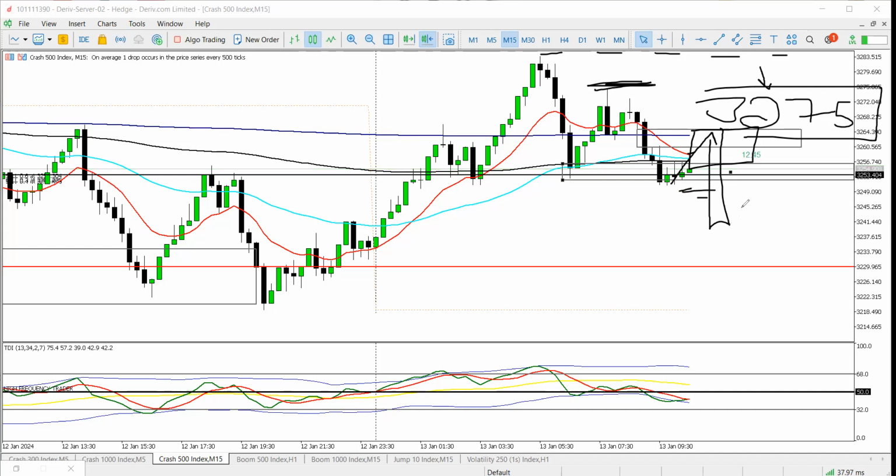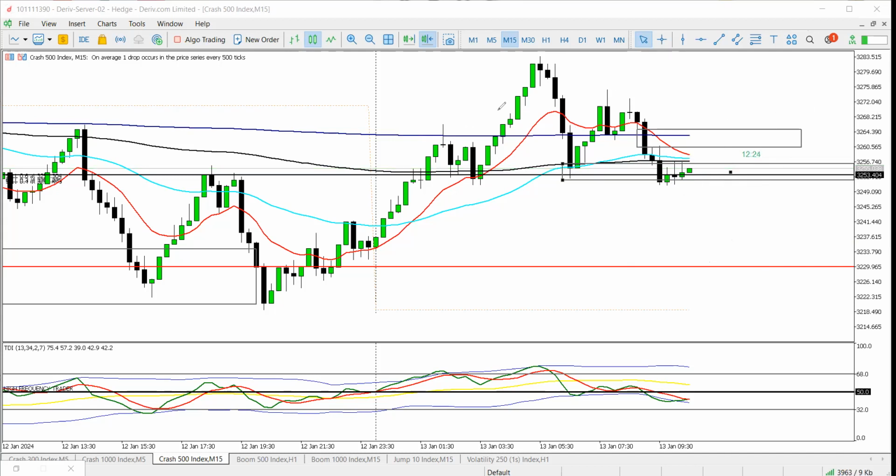Then we'll potentially look for a retracement and a continuation down, because this looks like a pattern which can potentially push all the way down. I feel like this is a high resistance zone based on all these moving averages. We also have this level here, so we'll see. But for now, C5 is my trade, my high probability setup. I'll keep stoking and I'll advise if there's any changes on the Telegram group.